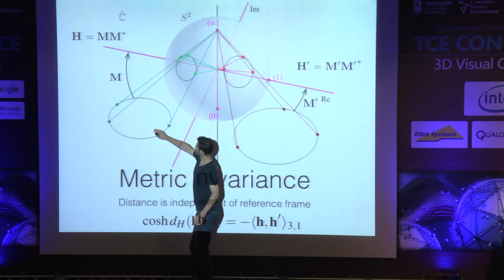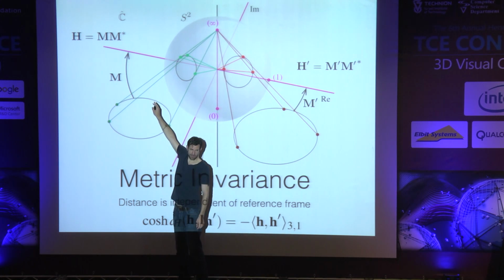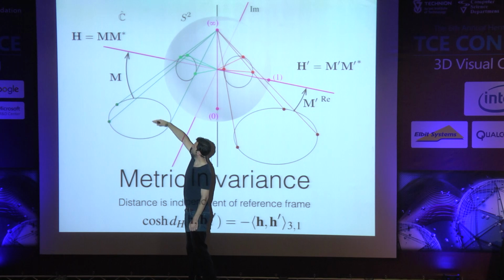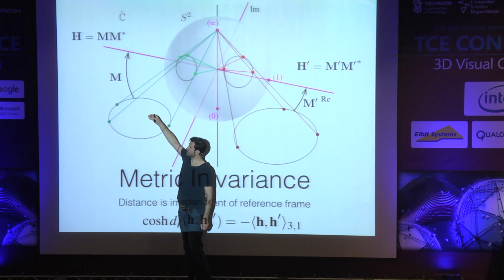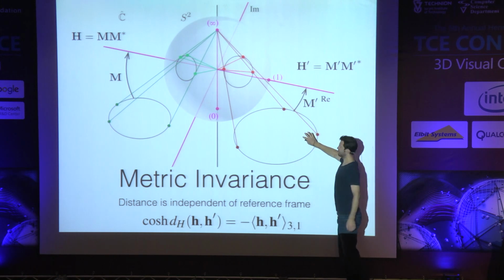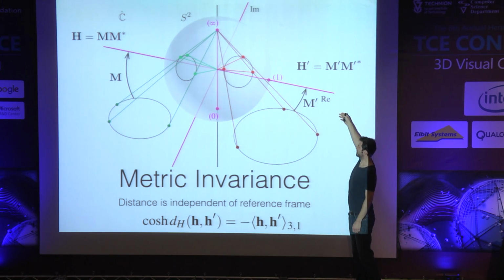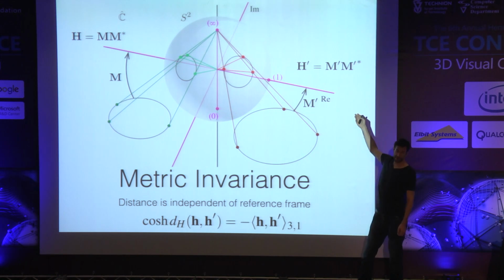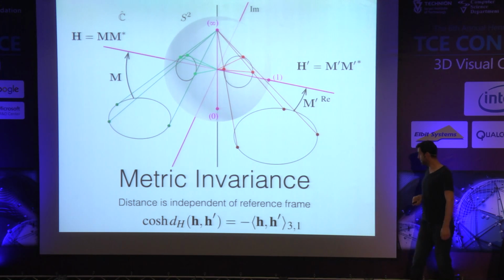map these 3 points to a reference frame and get some representation M relative to the reference frame, and then I form some matrix H. And I can take these 3 points to the same reference frame, get some other transformation M prime, and then some other representation H prime.